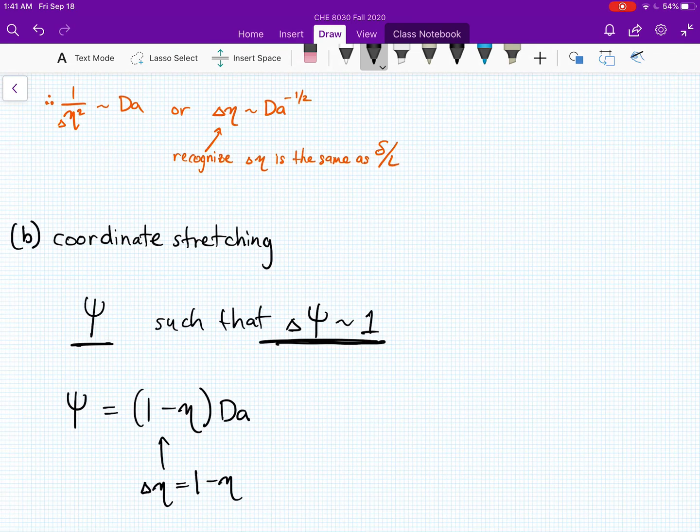But we have this unknown parameter of a, which is a constant, and it's something that we need to solve for.